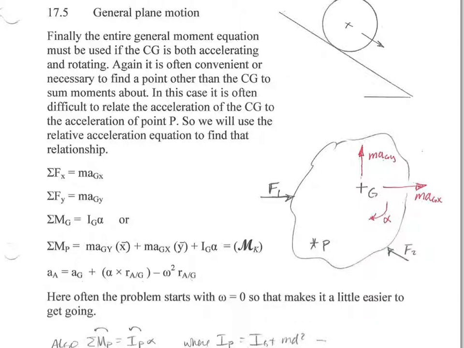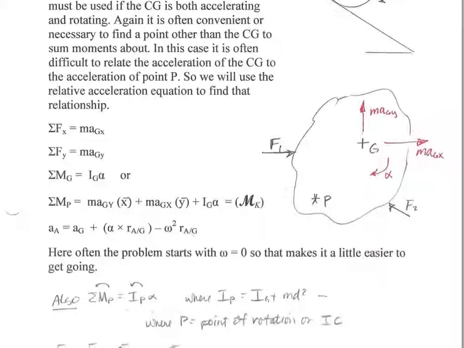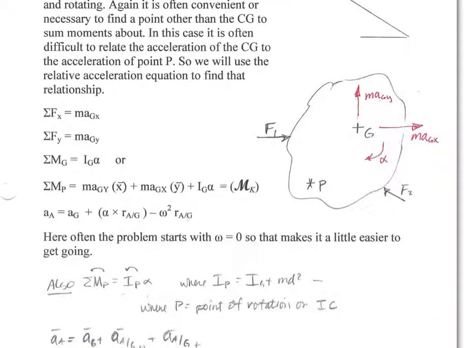A couple other equations, or one other equation we talked about in fixed axis rotation, is a form of the sum of the moments about P. If P, this point here, happens to be a fixed point or an instantaneous center of velocity, of zero velocity, then we can use this form: the sum of the moments about P is equal to I_P alpha, where I_P is the mass moment of inertia using the parallel axis theorem.